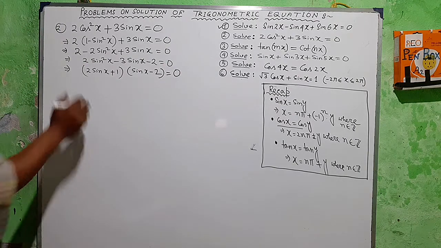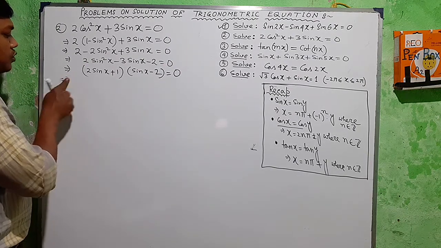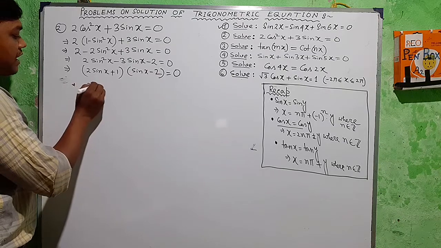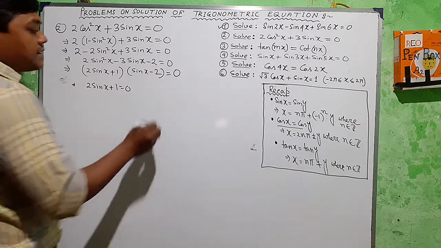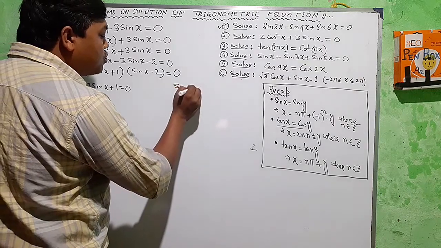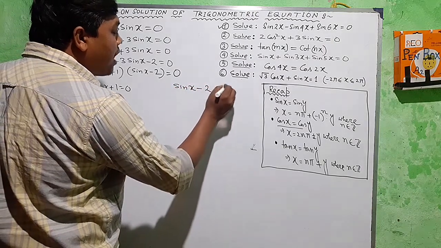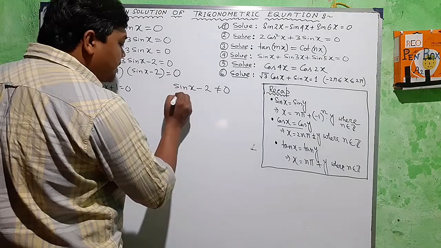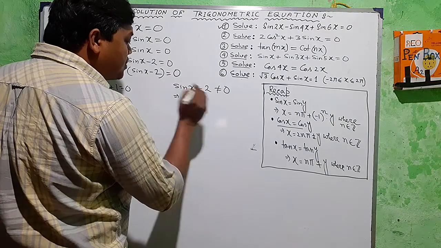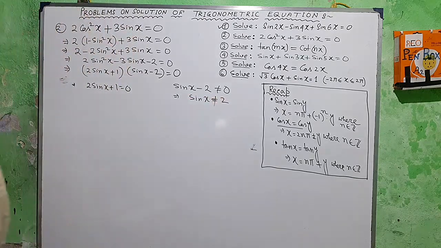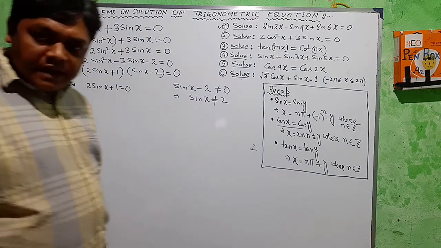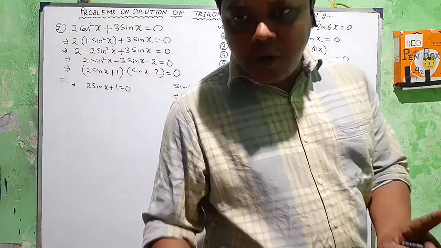So this gives 2 sin x plus 1 equals 0, and sin x minus 2 is not equal to 0. Why? If sin x minus 2 equals 0, this gives sin x equals 2. This cannot happen because the value of sin x always lies between minus 1 and plus 1.